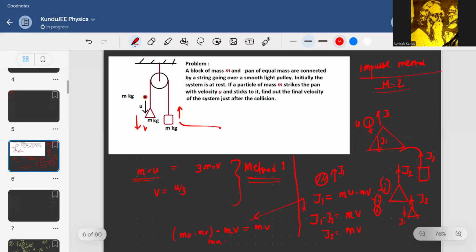So mu minus 2mv equal to mv. This goes to the right side and mu equal to 3mv. Then we are getting the final velocity v equal to u by 3. This is the impulse method.